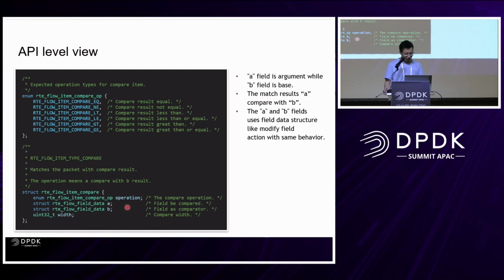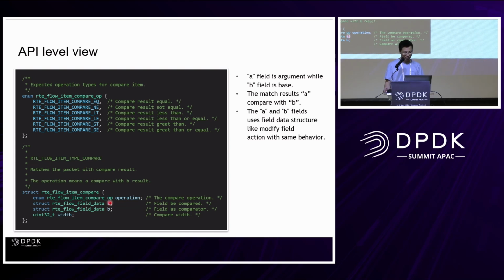And then, next we need to specify the field data. Okay, this RT flow field data are the same as we have in modify field. Maybe I should also add the RT flow field if you are not familiar with RT flow field data struct. So in this RT flow field data, you can specify it as some dedicated packet field.